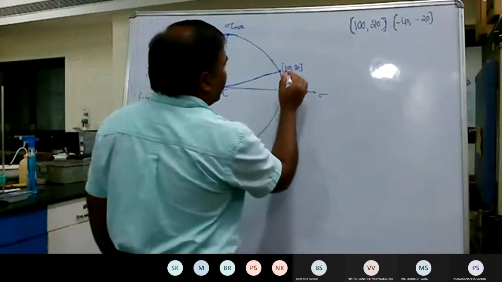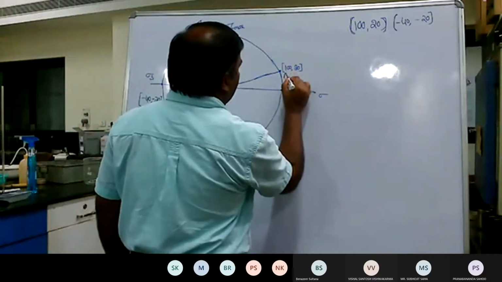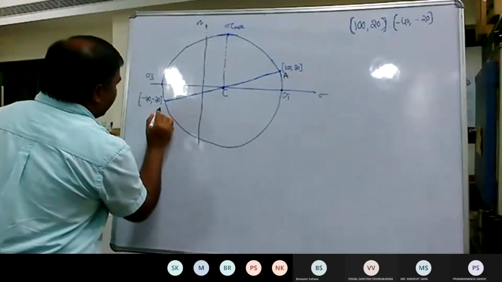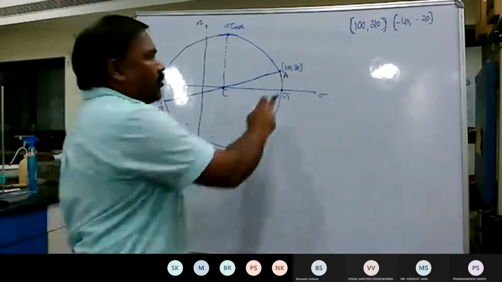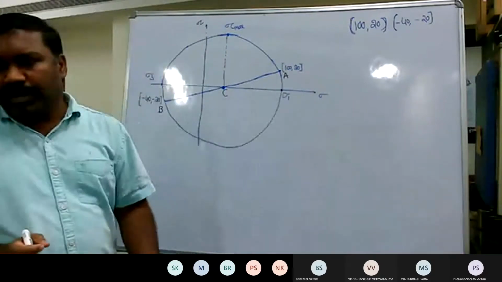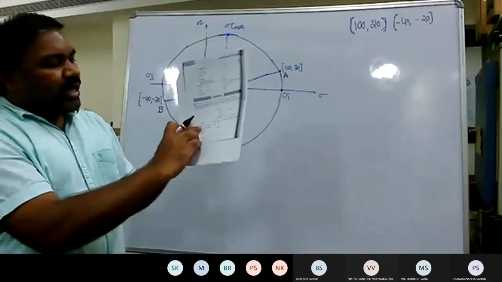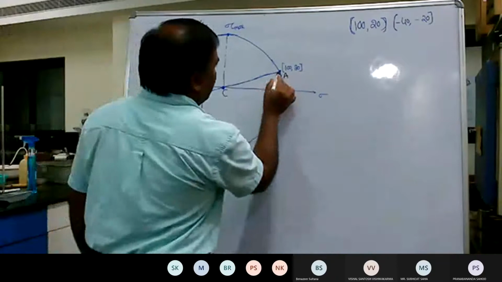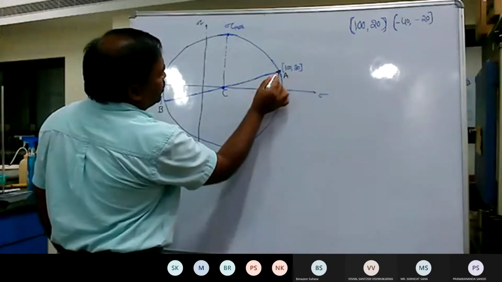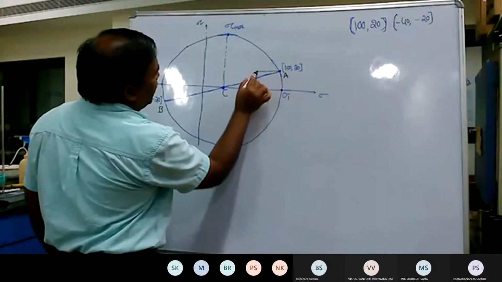Here, say I am designating the first point as A and the second point as B. Now A is a reference point, the element's horizontal surface as another reference point. So from A, draw a horizontal line.